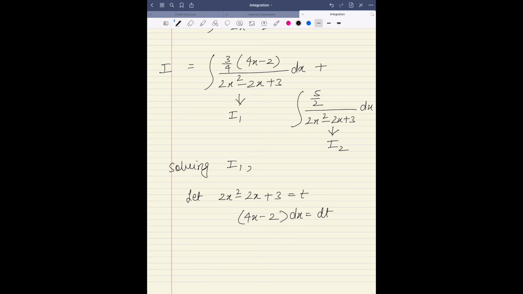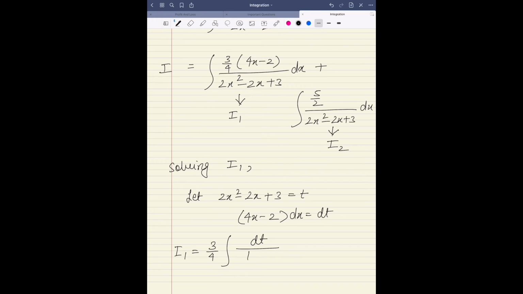Now replace it. So I1 is, one more important thing, whatever constants are multiplied inside the integral, take them out as soon as possible so that we can clear out the clutter. So 3 by 4, 4x minus 2 dx, this entire thing becomes just dt. So this will become dt divided by, this expression has already been called as t.